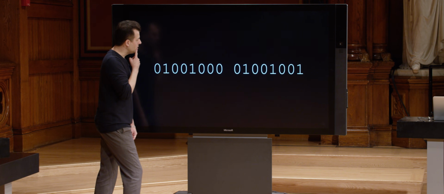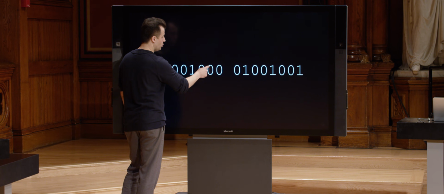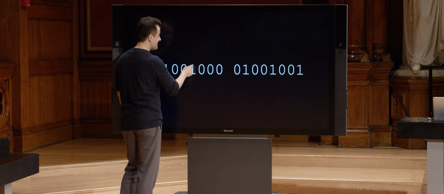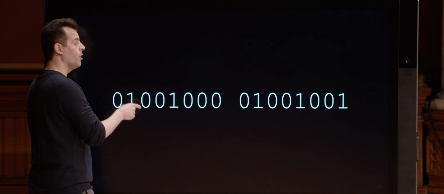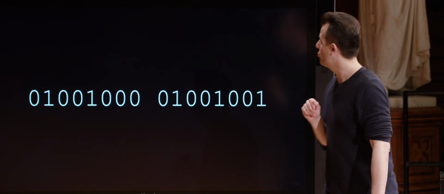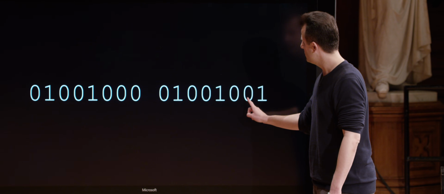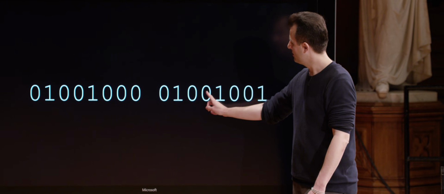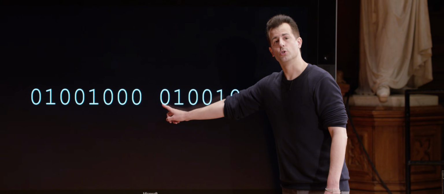So what are the columns here? If we look only at this number at left, this is my 1s place, 2s, 4s, 8s, 16s, 32s, 64s, and then 128s. So 64 plus 8. If I do that arithmetic, that gives me 72. Now let's consider the pattern of bits on the right. Again, my 1's place, 2's place, 4's, 8's, 16's, 32, 64, 128.